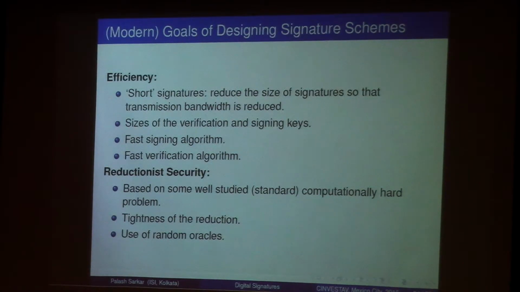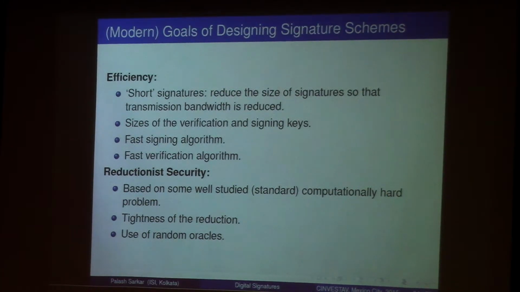And what are the goals? If you come up with a signature scheme now, what would you be aiming at? Well, one of the aims is to get a short signature. Your signature size requires bandwidth, so if your signature is short, it requires less bandwidth, and that's a desirable goal. Of course, sizes of verification and signing keys are also important, especially if you are signing using a smart card, because you'll be storing the signing key on a smart card.